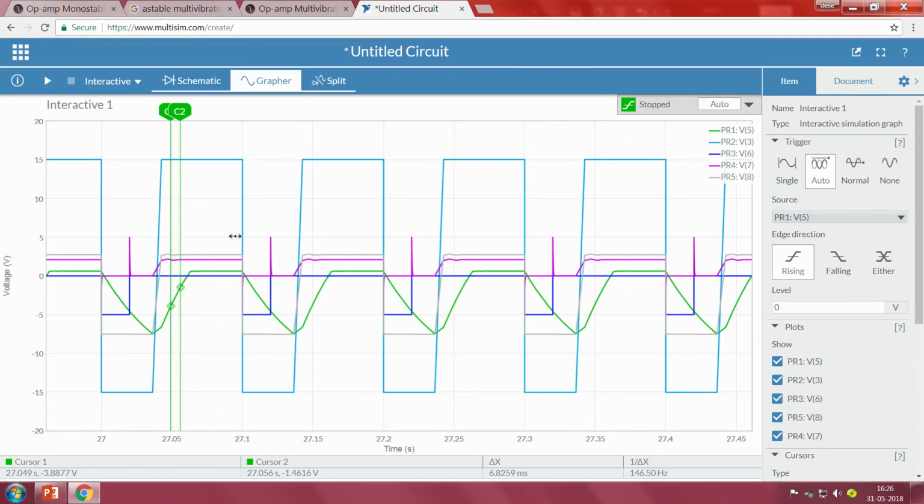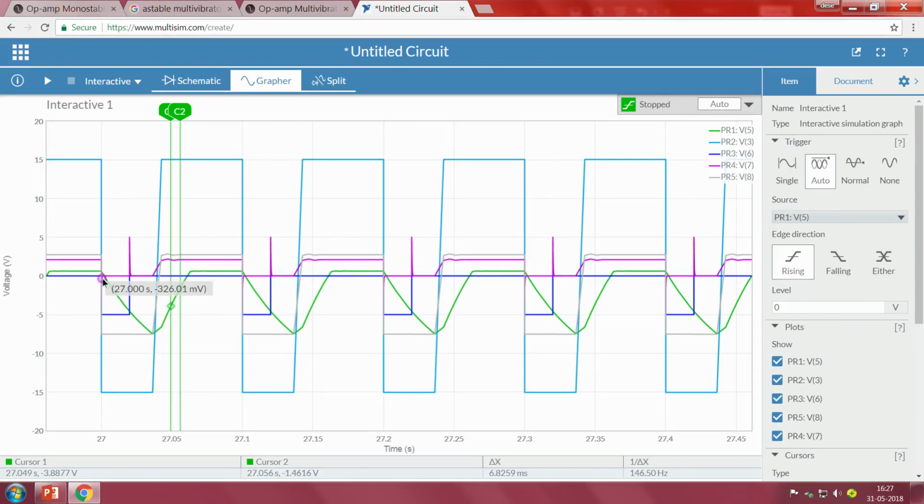This is because the capacitor discharge rate is different compared to the previous resistance value. The discharge rate is smaller in this case because of a higher resistance value. It makes the output stay at minus VCC for a longer duration. That duration you can calculate based upon your RC discharge time.